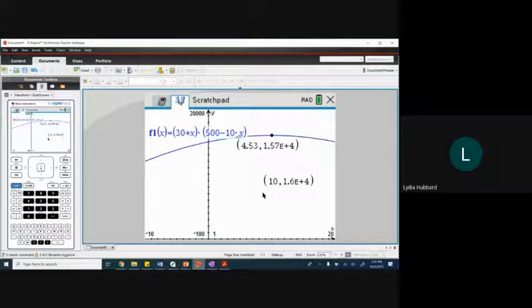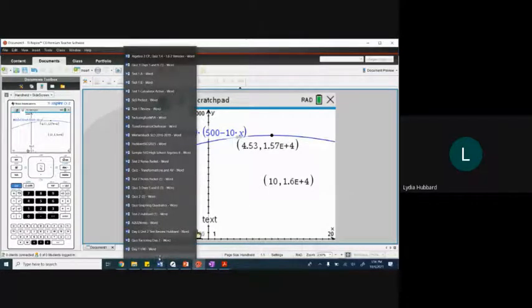That's going to give us the greatest output possible, at 1.6 times 10 to the fourth apples, with 10 trees being added to the orchard. Any more than 10 trees would cause a decrease in our production. Any less would not give us quite enough.